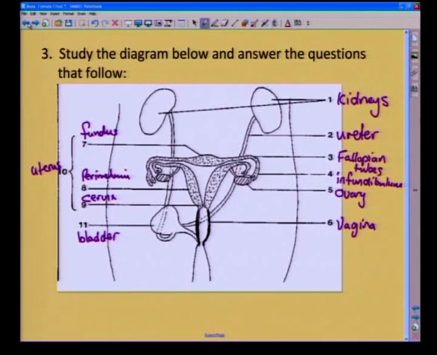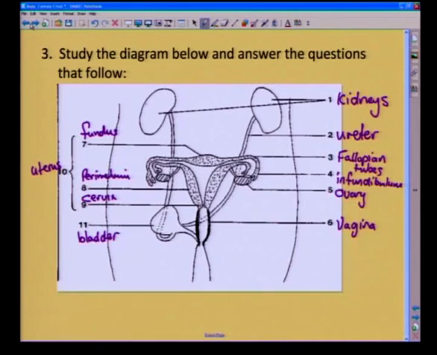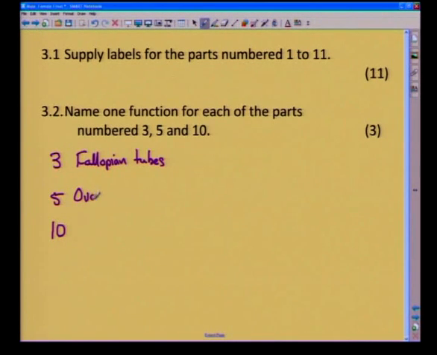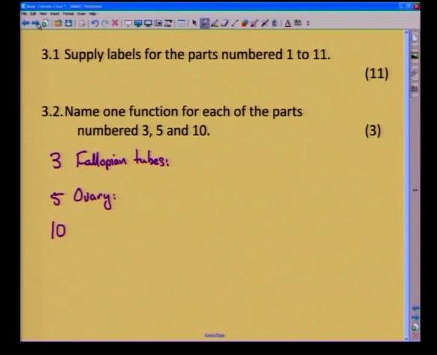So let's go back. 3 was the fallopian tubes. 5 is the ovary. And 10 is the uterus. Now, you wouldn't have to flick back like that because you would have given all your labels over here.